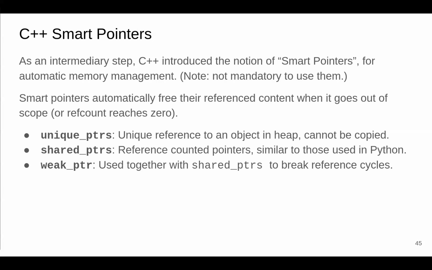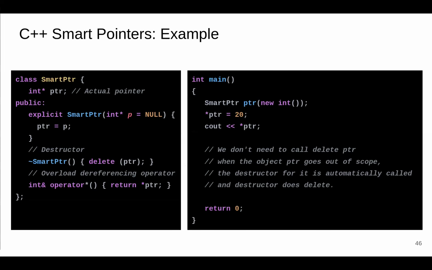Now, interestingly, as a programmer, you will have to get used to using these different kinds of smart pointers, and there are still different kinds of bugs you can have in your code by using weak pointers if you're not using them correctly. Now, as an example, here we've got our smart pointer class.